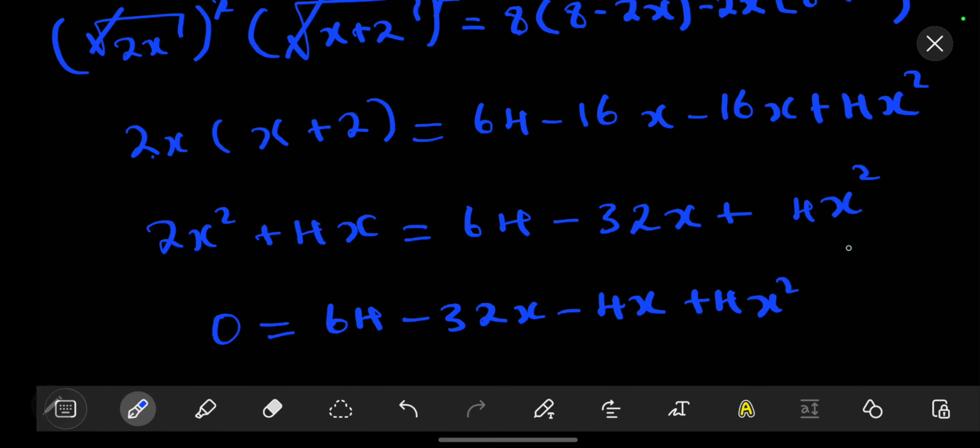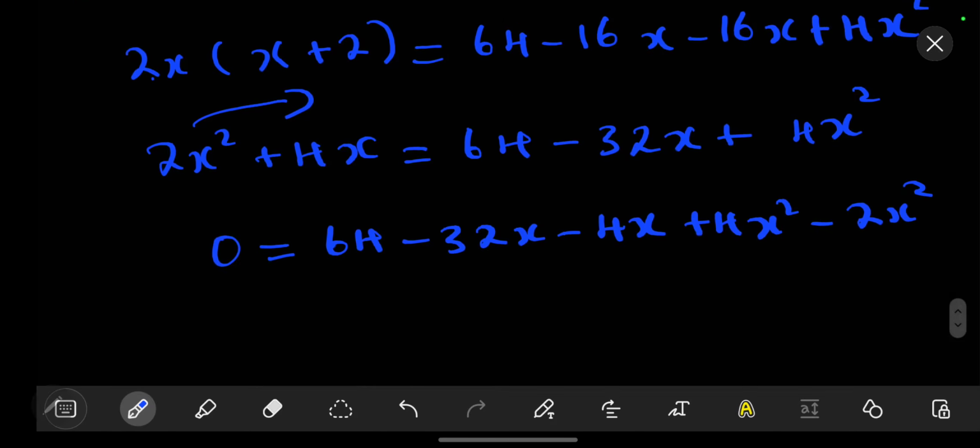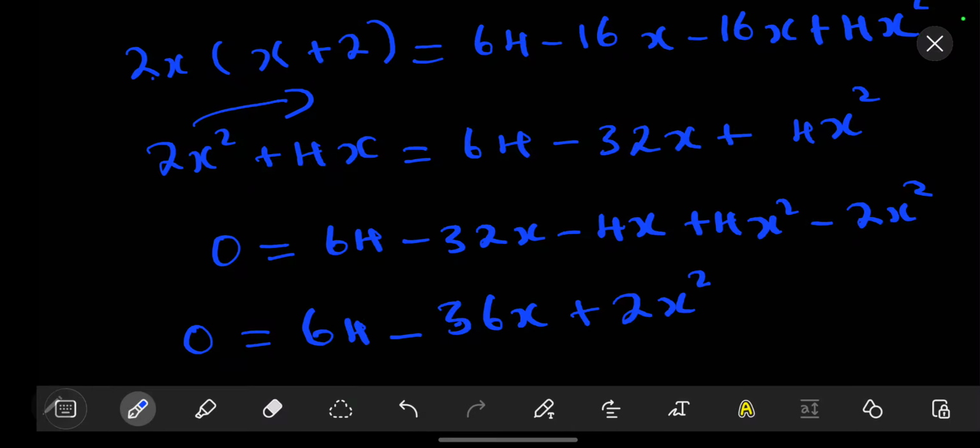Then this one comes the other side. We are going to have minus 2x squared, like that. So we are going to have 0 should be equal to 64. Then we have minus 32x minus 4x gives us 36x. Then we have plus our 2x squared.